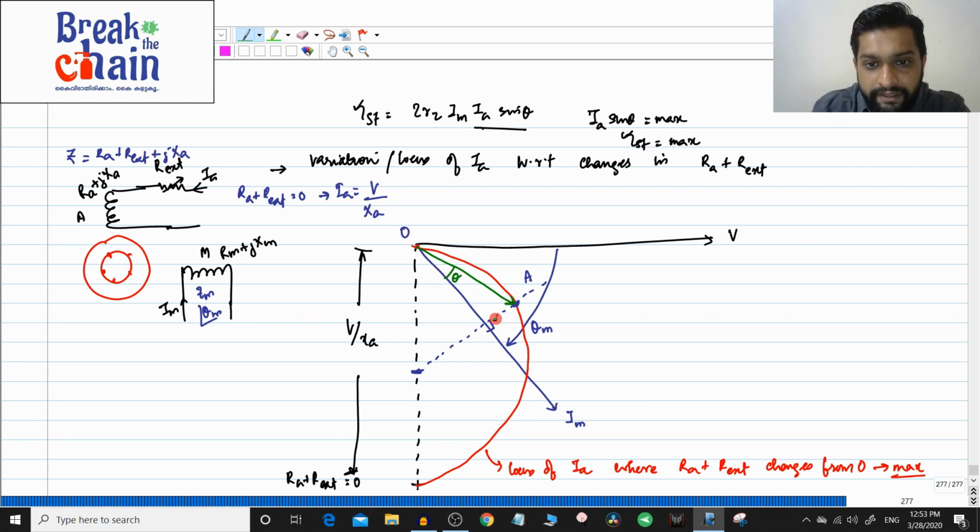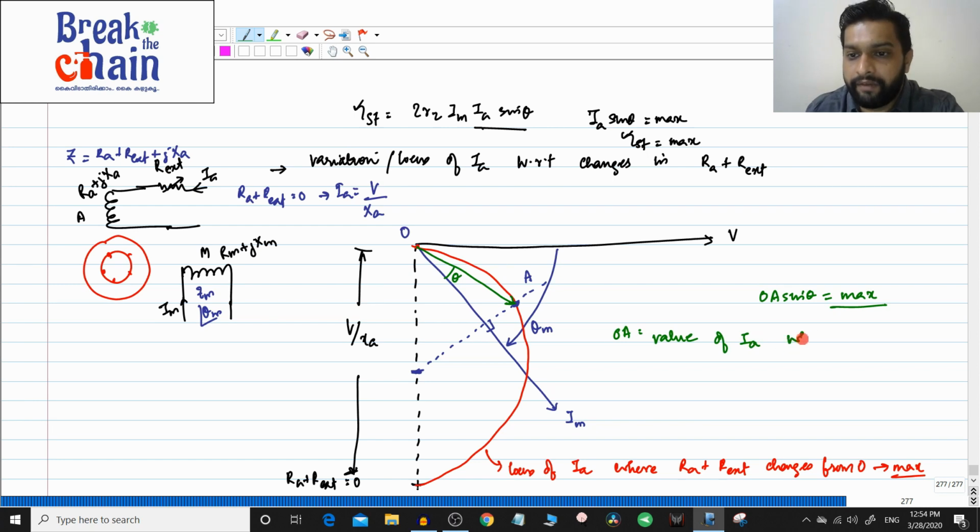Now, what is this value? This value is OA sin theta, and OA sin theta will be maximum. So OA is the value of Ia where Ia sin theta is maximum. This has nothing to do with electrical engineering. It is basically a simple geometric technique.